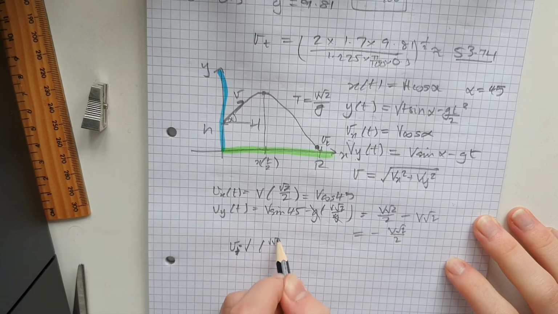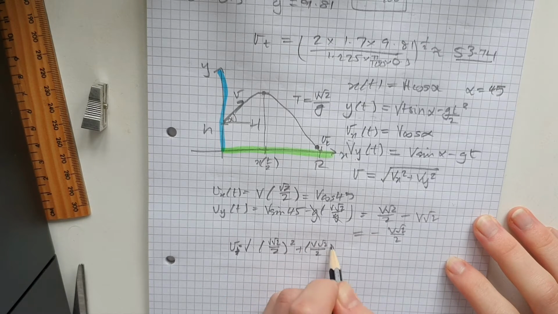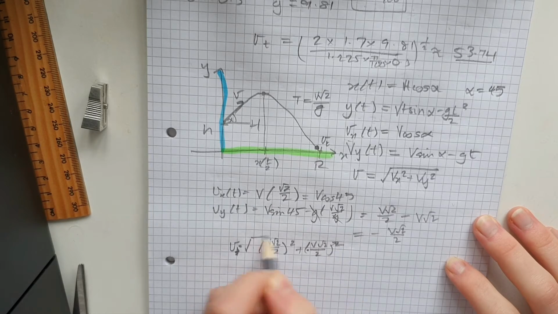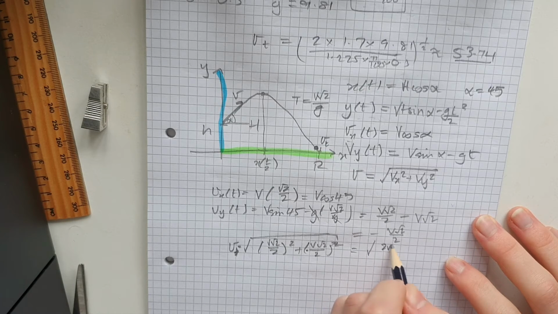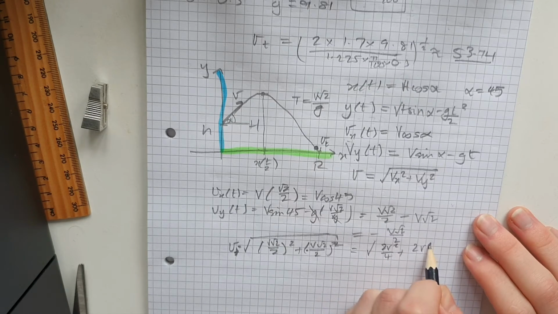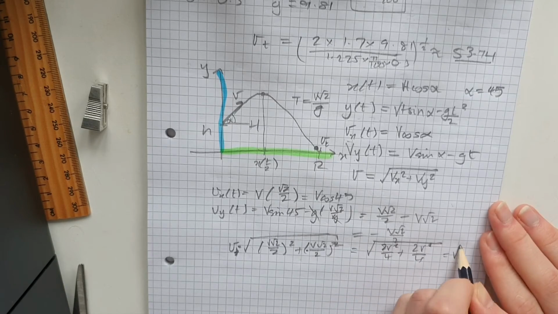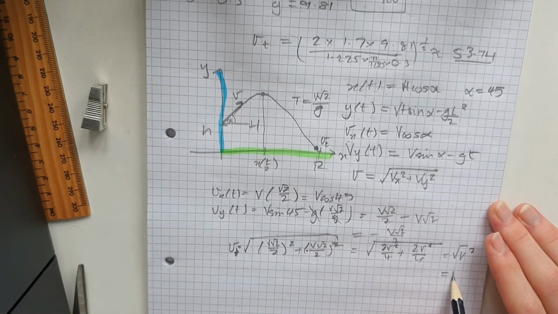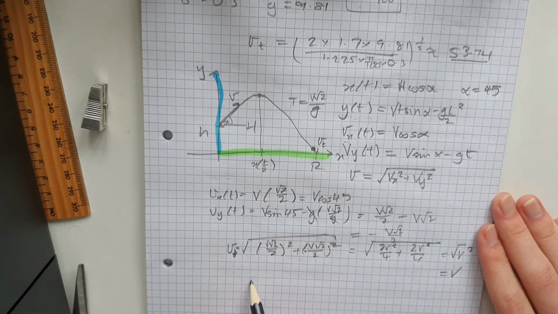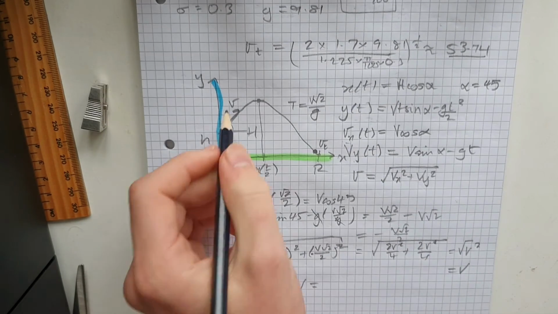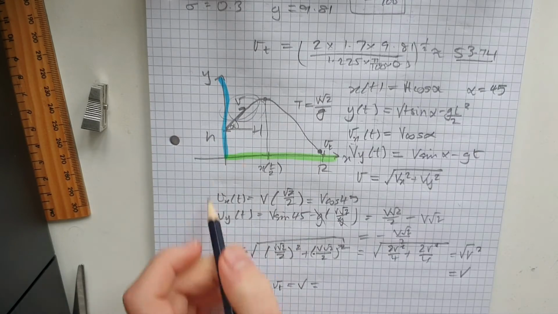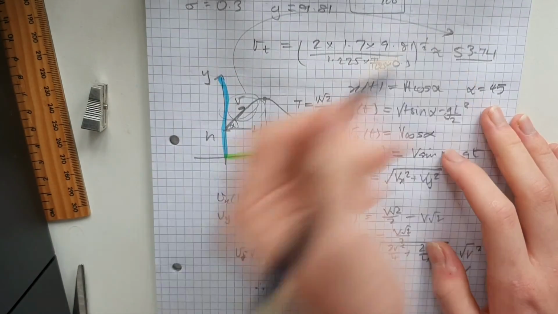So it's V root 2 on 2 squared plus V root 2 on 2 squared, and take the square root of that, and then that's equal to 2V squared on 4 plus 2V squared on 4, which is the root of V squared, which is V. So therefore V of t is V. So the original velocity, which is V here, this is our terminal velocity.